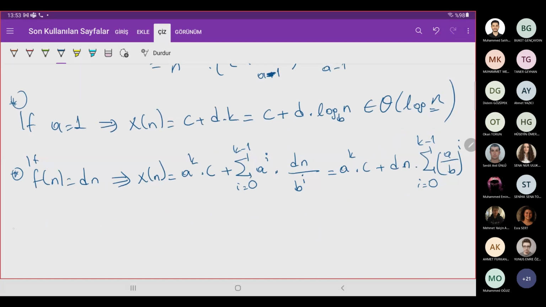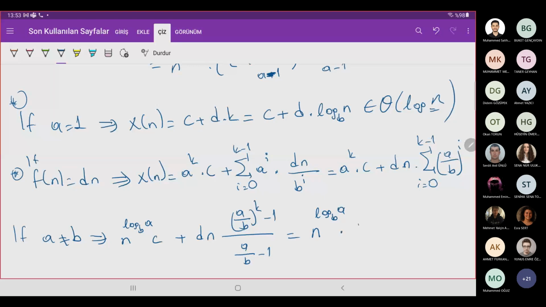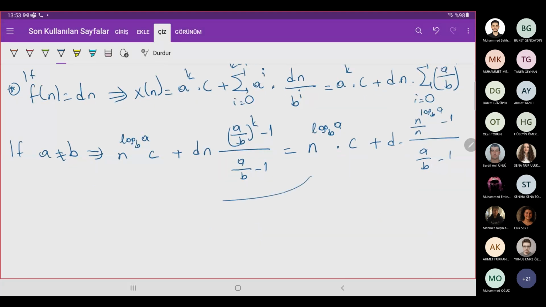So if a is not equal to b, then we get n to the power log_b a times c plus dn times ((a over b) to the power k minus 1) over (a over b minus 1), which is equal to n to the power log_b a times c plus, again, some manipulations, d times (n to the power log_b a minus n) over (a over b minus 1).